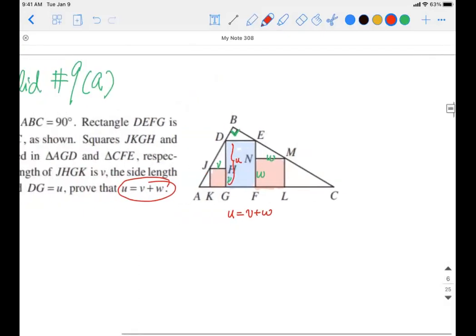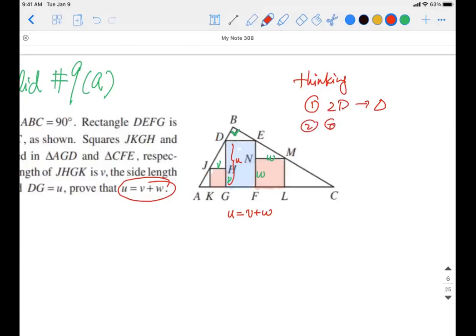So this is the thinking process. Let's try to talk about the thinking process. Number one, let's try to do the pure 2D way. Hopefully we can put them together into a triangle and do some congruency and so on to make it work. But these three sides, I don't think you can put them into a triangle. At least there's no such triangle for you to deal with. Second way is, can we do coordinate geometry?